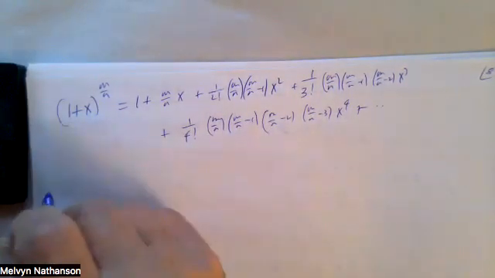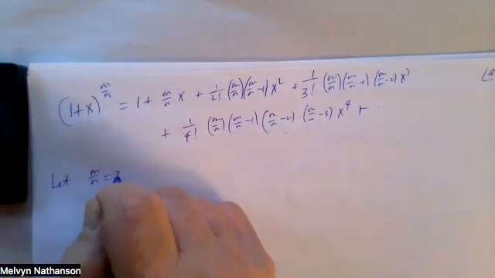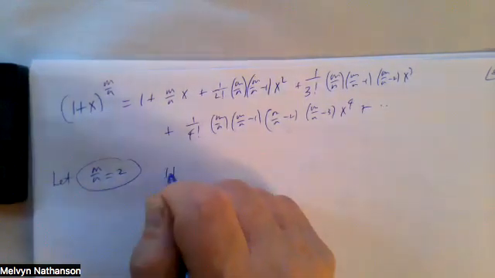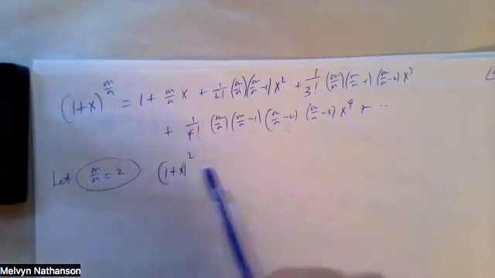So let's look at a special case. Suppose I let m over n equal 2. So this should be an expansion for (1 + x) squared. So m over n is 2. What do we get?